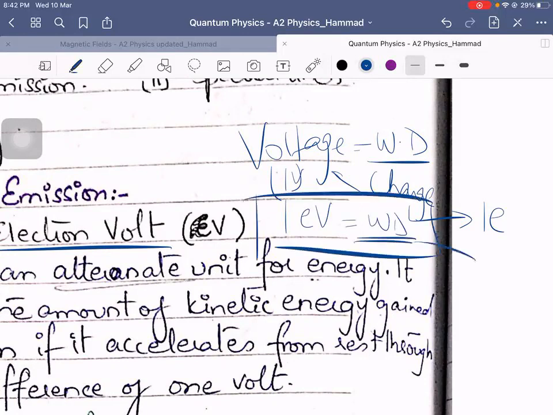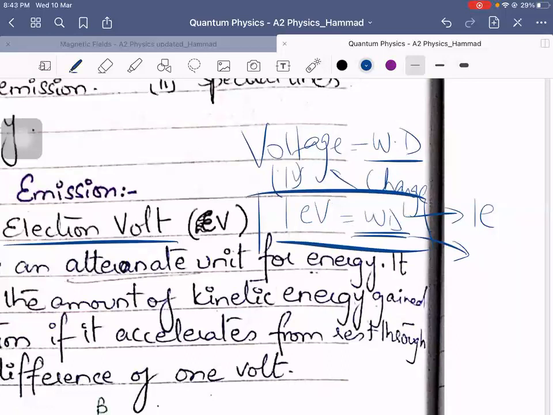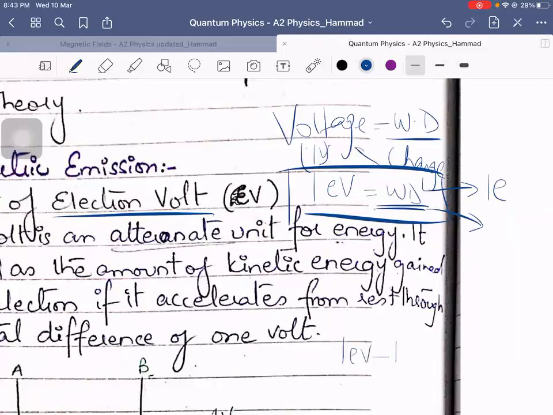This is the electron volt. In quantum physics, we use the electron volt as a substitute unit for energy. You need to understand that 1 electron volt is equal to 1.6 x 10^-19 joules.